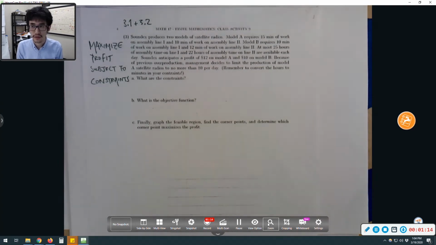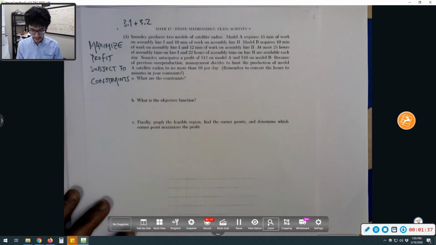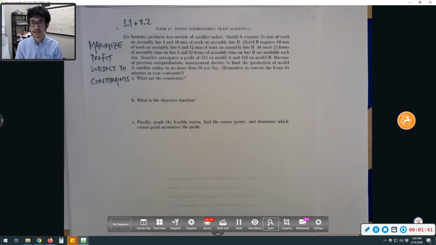Model B requires 10 minutes of work on assembly line 1 and 12 minutes of work on assembly line 2. 25 hours of assembly time on line 1 and 22 hours of assembly time on line 2 are available each day. Soundex anticipates a profit of $12 on Model A, $10 on Model B, and because of previous overproduction, management decides to limit the production of Model A satellite radios to no more than 80 per day.